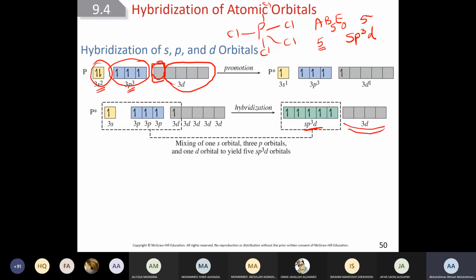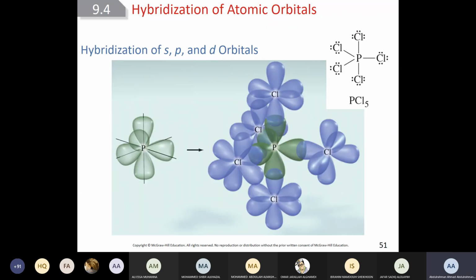Is this clear? Okay, let's see them now. Let's see them in shape. So this is the p orbital, and what's the name of this orbital? sp3d. And what's the name of this orbital?